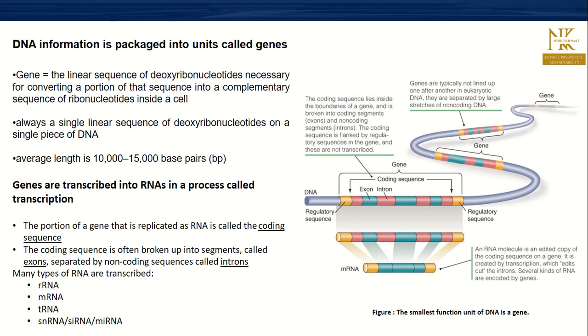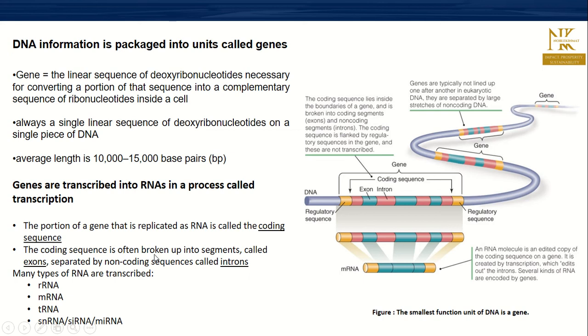In the final product, all you'll be having is the messenger RNA, which contains the exons and also the promoter sequences and regulatory sequences at the beginning and at the end. So that is simply how this process is carried out.